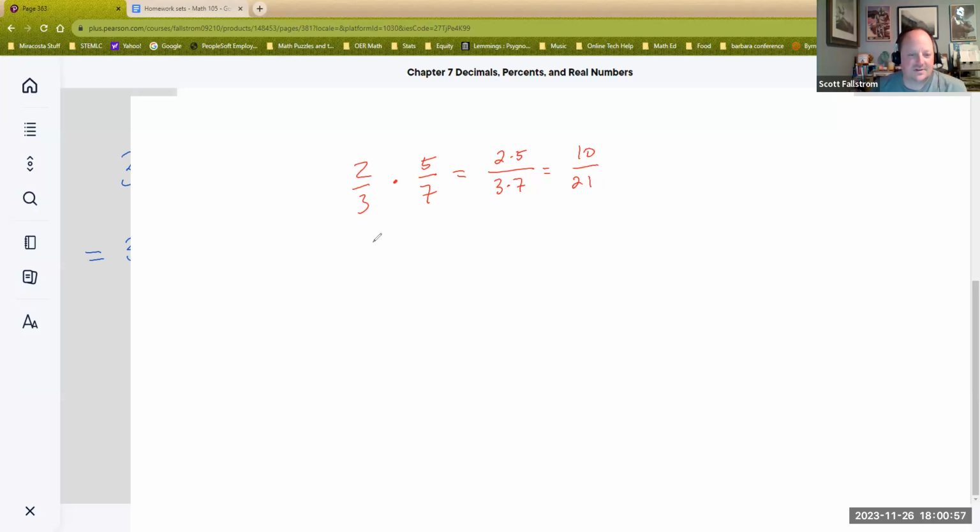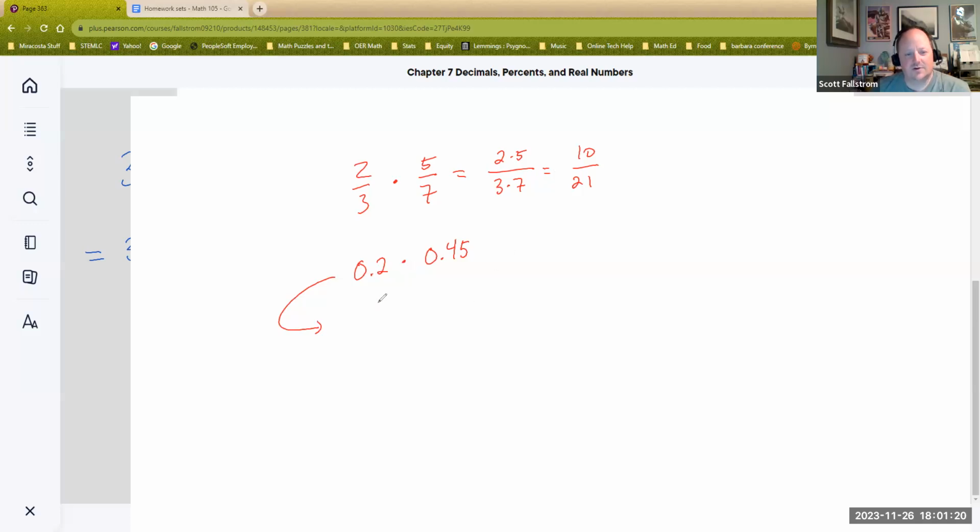So what I want you to do is think, if we had numbers that were being multiplied and they were decimal numbers that we could represent as fractions. Okay, let's do this one. Now, if I had these, I could just say, I know how to multiply fractions. I multiply straight across.